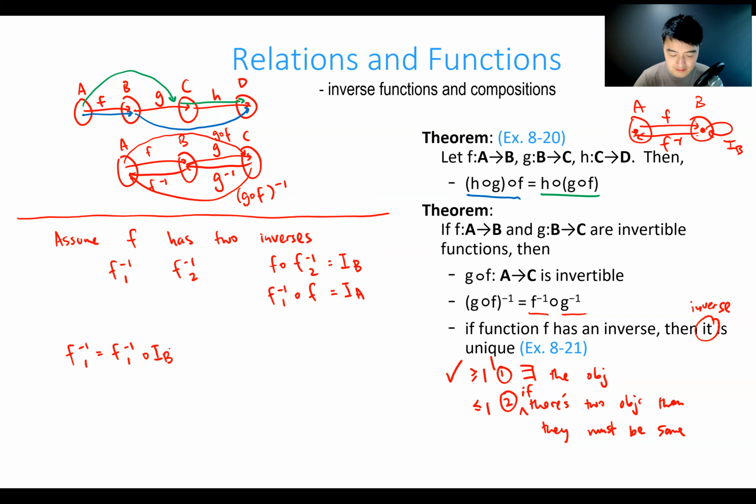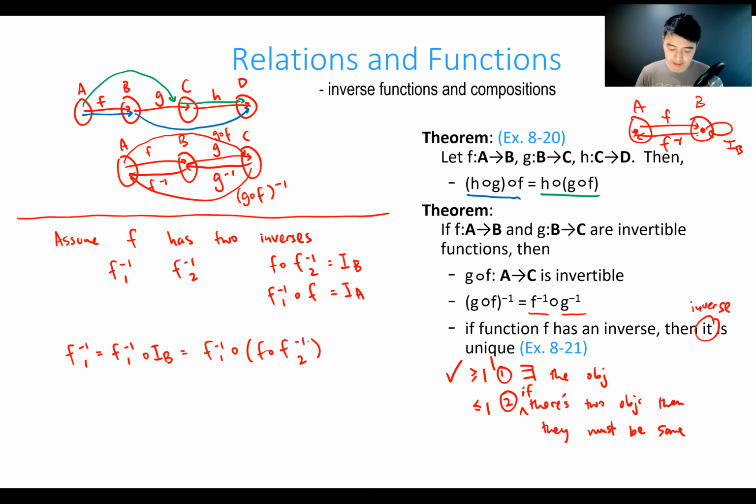They end up as the same result. Okay, so those two should be equal. All right, so now what is the identity of B? Well, let me just substitute this part in there. The identity of B, I can substitute as F composed with F inverse 2. All right, so I just made that substitution.